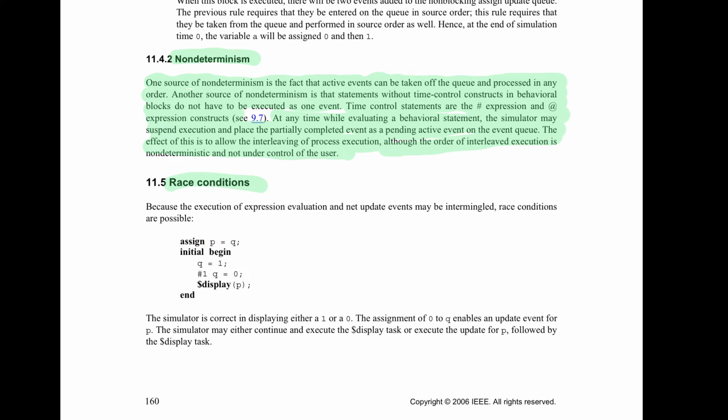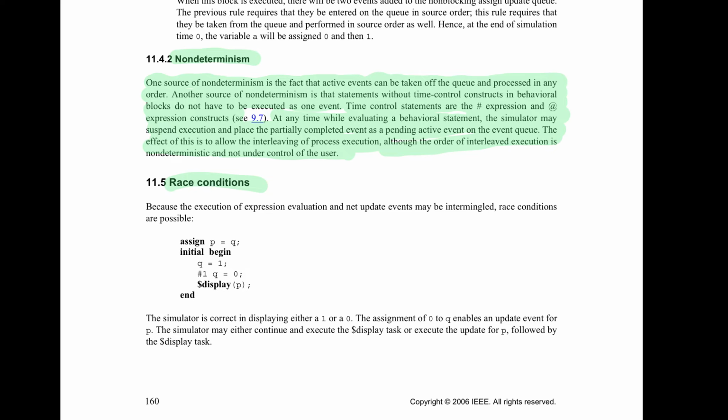So then we move on to simulation time 1, where P and Q are both 1. Now we have Q equals 0 and also a $display P. So after this Q equals 0, there are two things we need to do. We need to do the assign and we need to do the display. And here's a race condition.